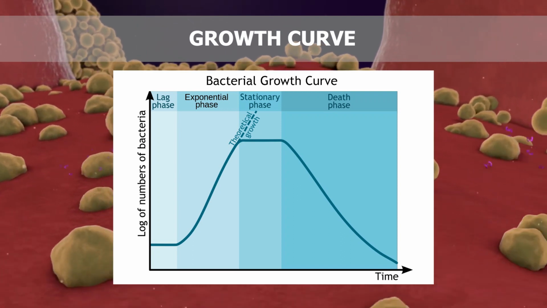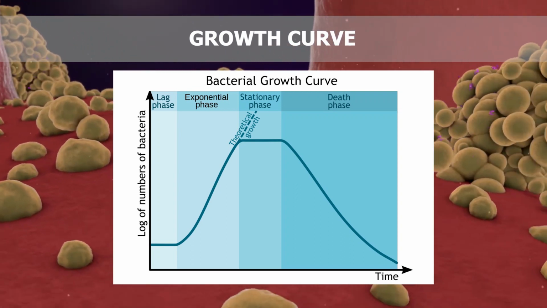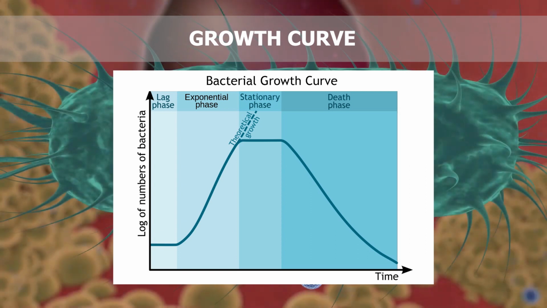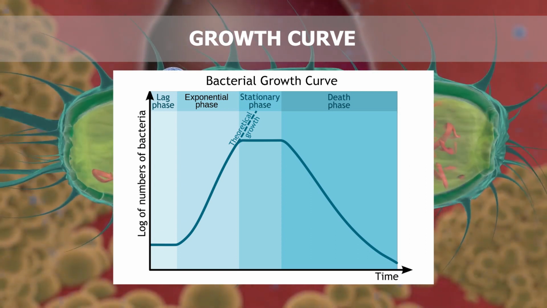The growth curve includes generation time, the time required for doubling the population. The growth curve has four phases: lag phase, exponential phase, stationary phase and decline phase. In the lag phase, an additional period is required for the bacteria to adjust to the new conditions.